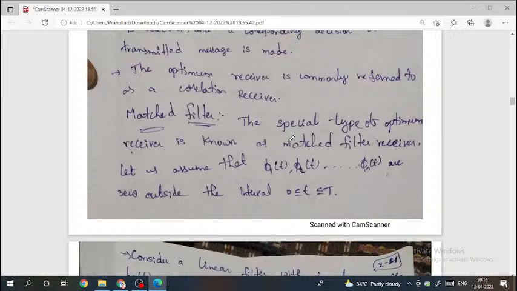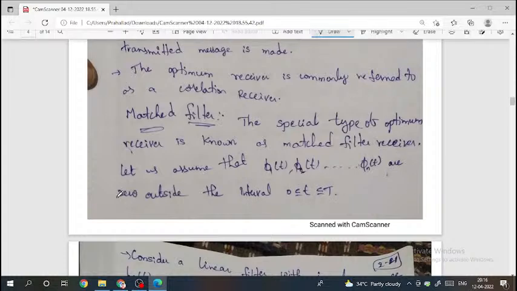For that, first of all, let us assume that phi 1 of t, phi 2 of t and phi n of t are 0 outside the interval 0 to T. So, only in the interval 0 to T are the basis functions phi 1 of t, phi 2 of t and phi n of t present, which are 0 outside the interval.